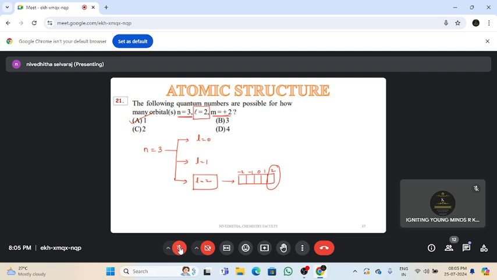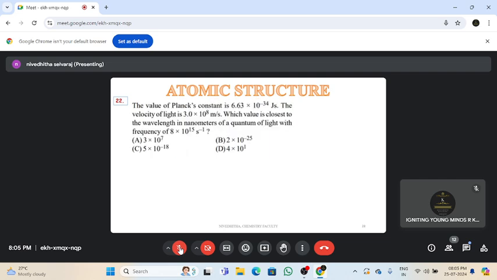Okay. So next question. The value of Planck's constant is 6.63 into 10 power minus 34 joule seconds. The velocity of light is 3 into 10 power 8 meter per second. Which value is closest to the wavelength in nanometers of a quantum of light with frequency 8 into 10 power 15 second inverse? So they're asking us to calculate the wavelength, and we are provided with the frequency.